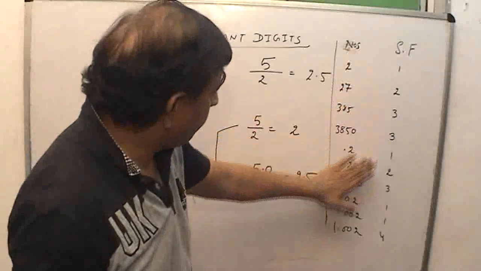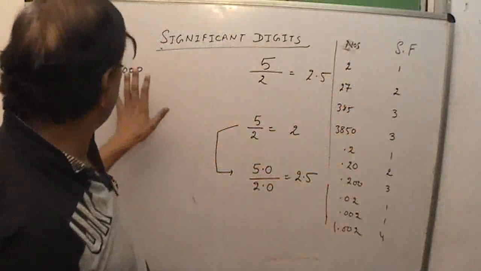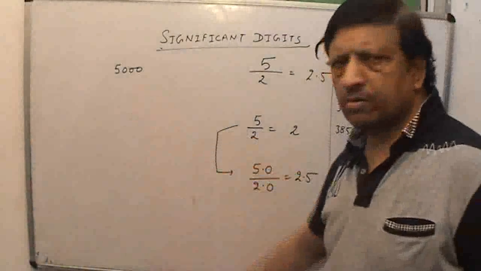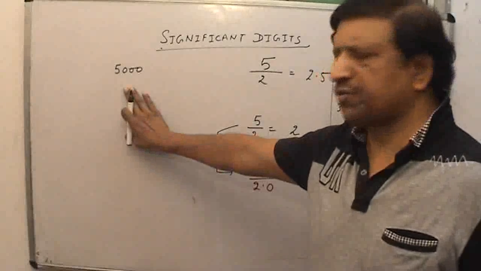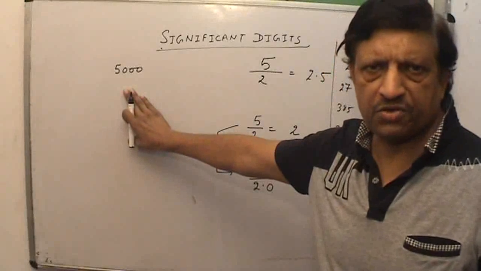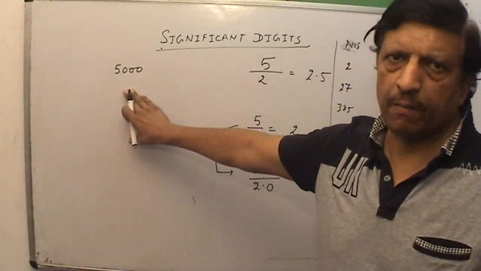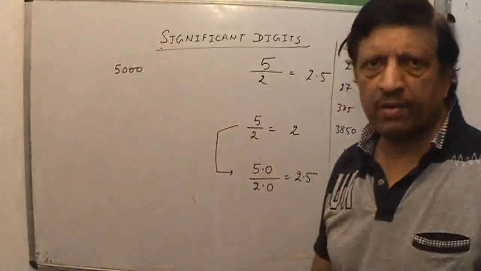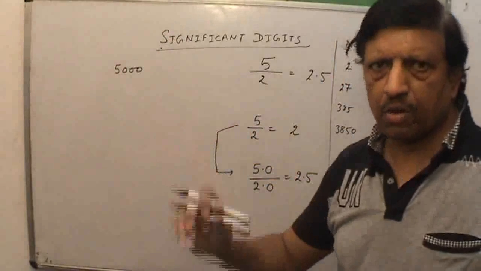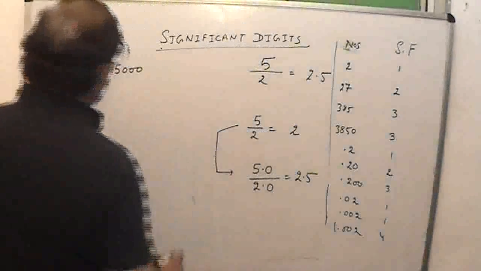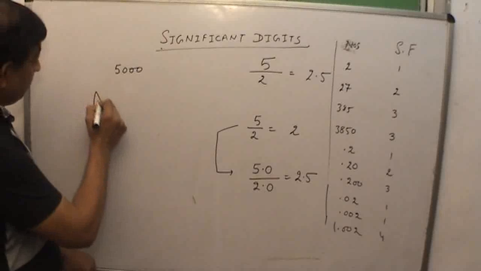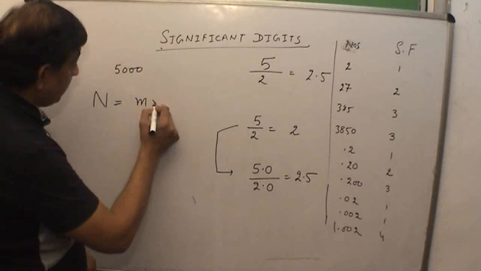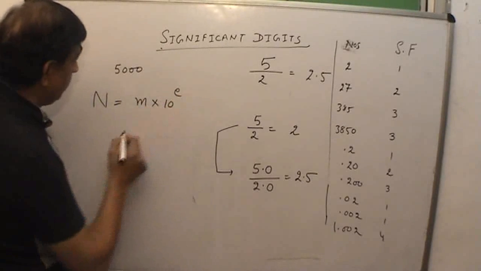So by considering these figures, we reach this particular figure, say 5,000. How to represent it? We know it is 5,000, but how will our computer system recognize it? It is a very complex figure for the computer system. From this point, we start the computer arithmetic. We represent any number as n equal to m into 10 raised to the power e.